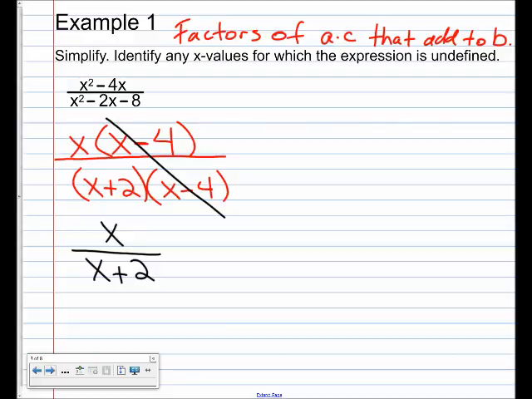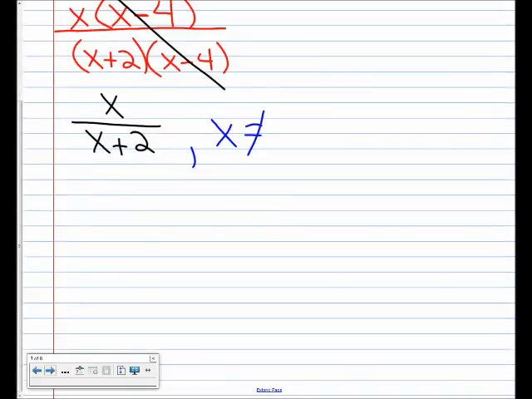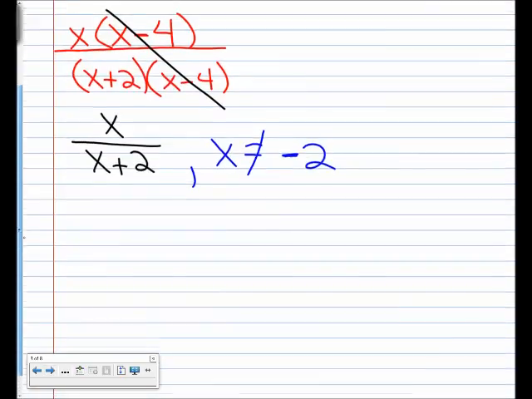So I'm going to go back to my answer here. I'm going to write a comma, and x cannot be equal to, well, what can x not be equal to to make 0 here in the bottom? -2. And a lot of us would move on. No. We actually had something else in the bottom before we simplified. What did we have in the bottom before we crossed it out?